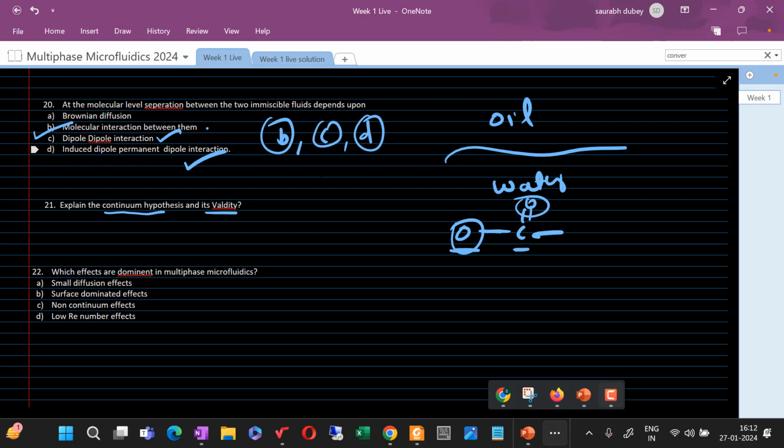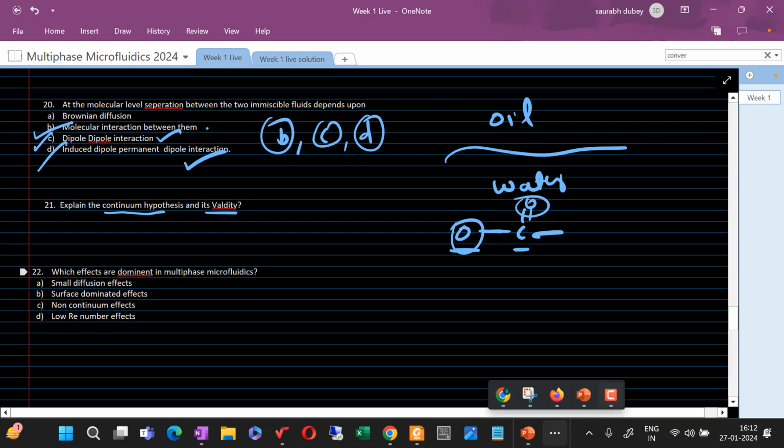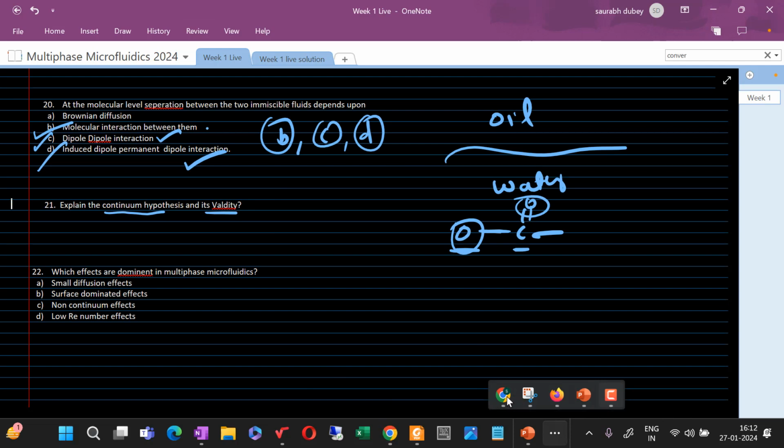In the lecture, sir also talked about some amphiphilic substance. What is that? He talked about hydrophilic, hydrophobic, and prior to that he talked about amphiphilic. I couldn't get that, but I could get hydrophilic and hydrophobic, water loving and water hating, and then there is oleophilic and oleophobic, oil loving and oil hating.